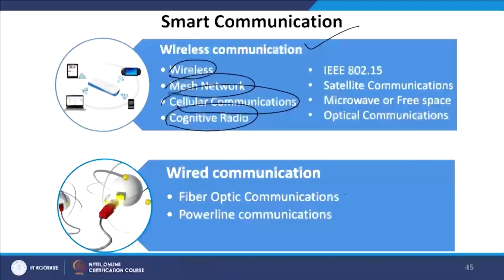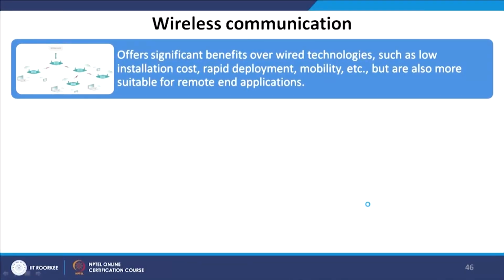Now, when we talk about wired communication, it could be either fiber optic communications or power line communications. These two types of communications are commonly used, and wireless communication offers significant benefits over wire technology, such as low installation cost, rapid deployment and mobility, and is also more suitable for remote applications.